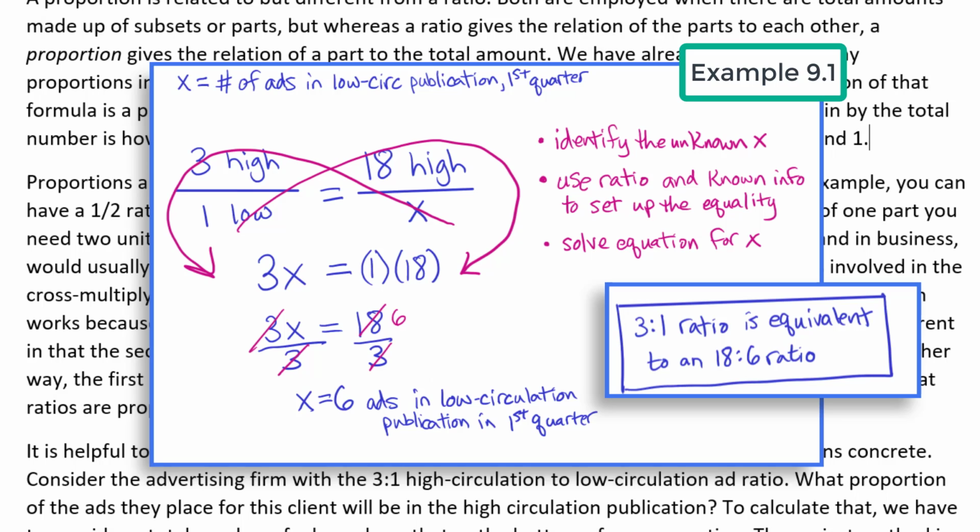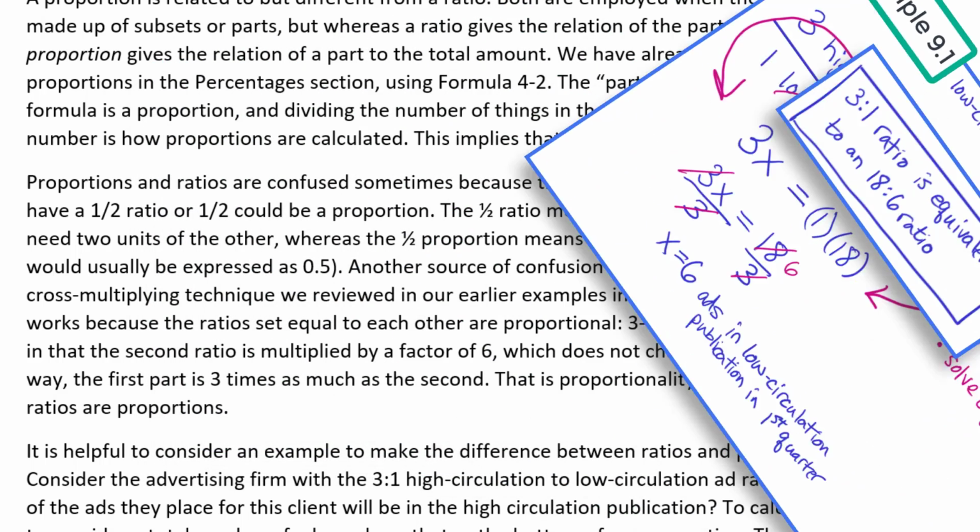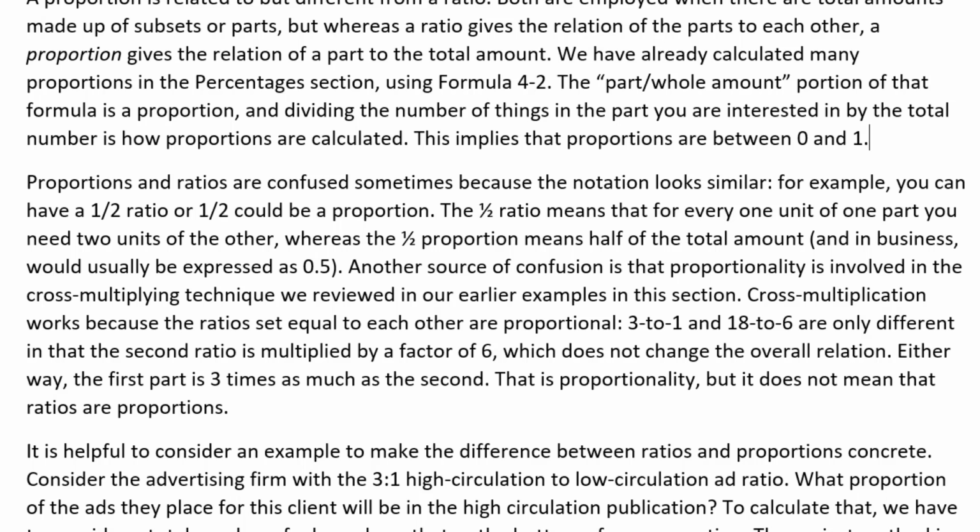So 3 times 6 is 18, 1 times 6 is 6. So 3-to-1 and 18-to-6 are the same ratio, except the second one is multiplied by a factor of 6, and that does not change the overall relation of the numbers to each other. Either way, the first part is 3 times as much as the second.